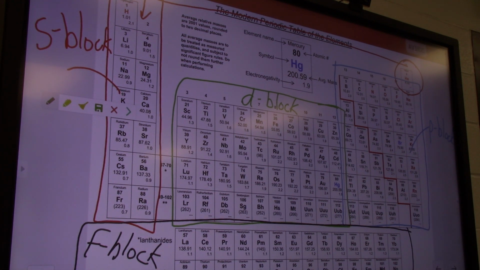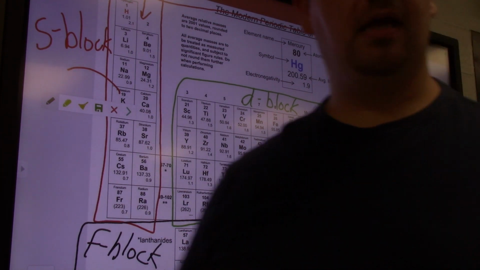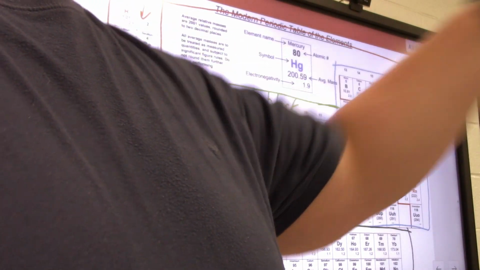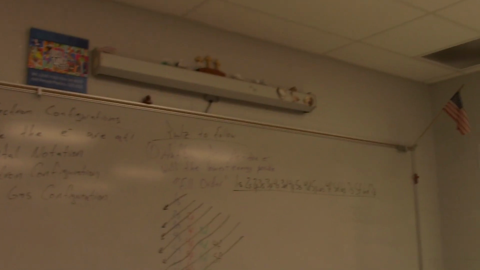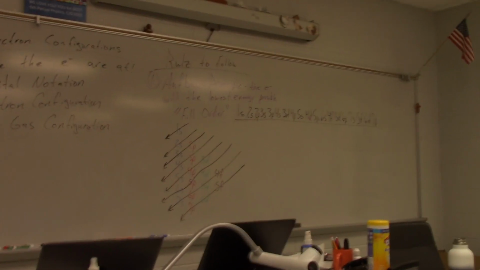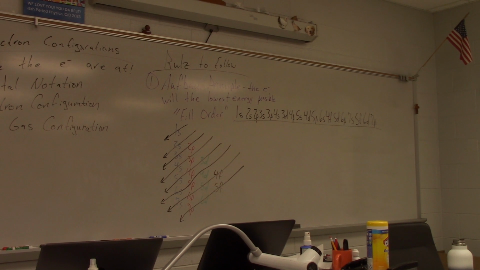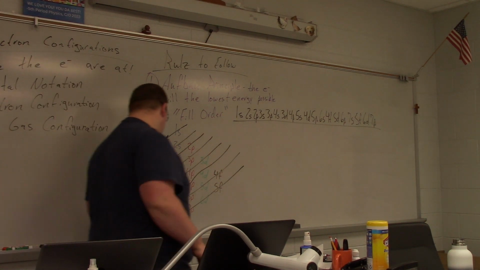Now, whenever you look at this, there are certain rules that go along with it. I'm going to write something on the board, then I'm going to come back here. So what we're dealing with is on the periodic table.